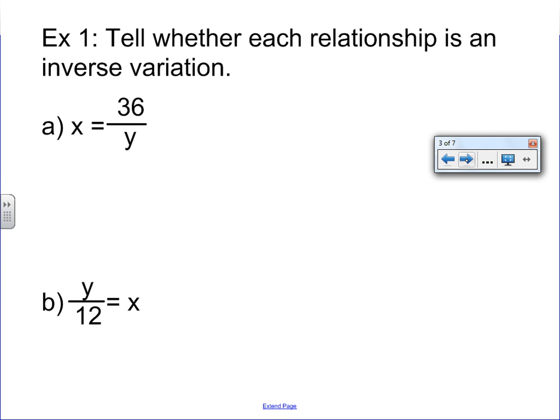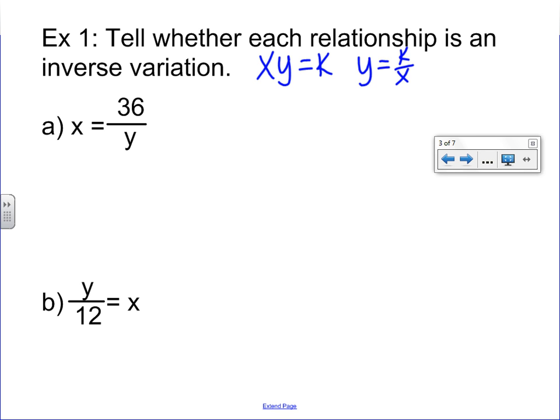Tell whether each relationship is an inverse variation. Well, we know that for it to be an inverse variation, it can look like two different equations. It can be xy equals k, or it can be y equals k over x. So we may have to manipulate these a little bit to see if we can get them in one of these forms.